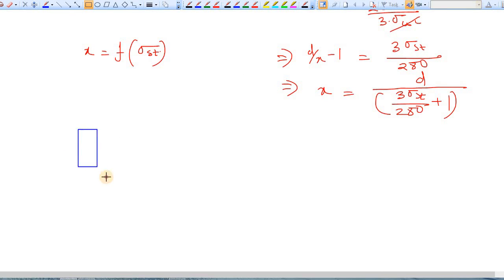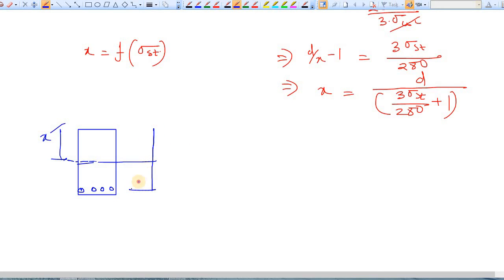Now this is the section, this is the neutral axis. You have already found out the depth x, this is the depth of neutral axis, and here is the reinforcement. What is the strain diagram? It is like this. And what is the stress diagram? Of course, sigma proportional to strain, so the stress strain diagram is linear.